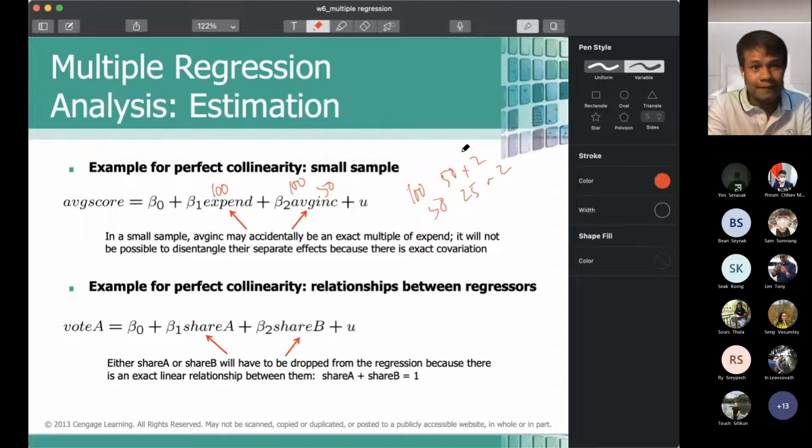All right, so let me move to another example. Another example of perfect collinearity is the relationship between two regressors. For instance, you want to estimate the effect of the share spent on campaign.